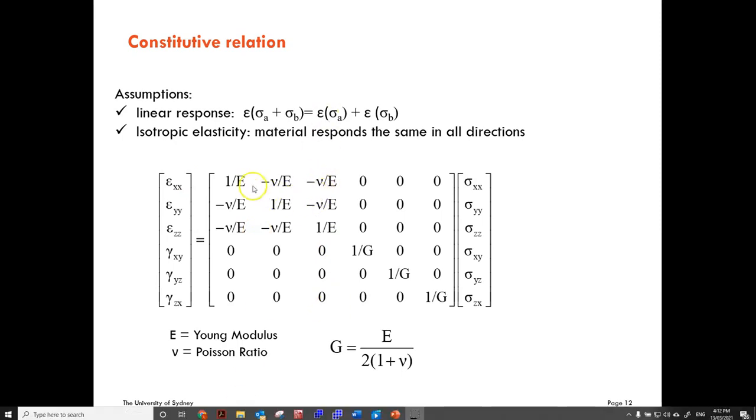Nonlinear response usually indicates that the Young modulus or the Poisson ratio depend on the stress level. And this can be analyzed using material nonlinearity analysis in finite element analysis.